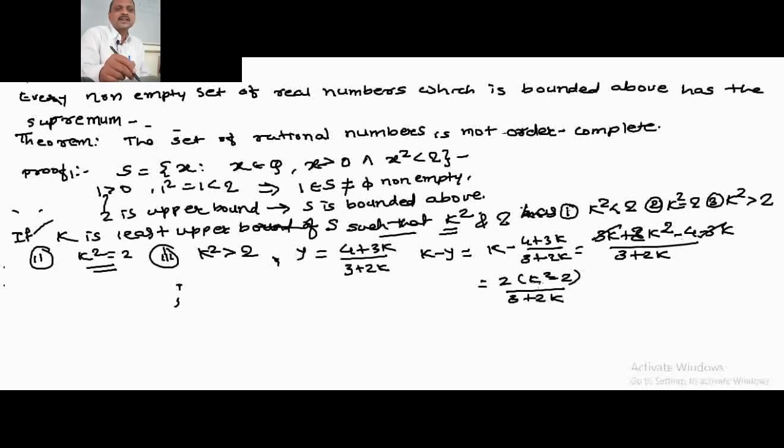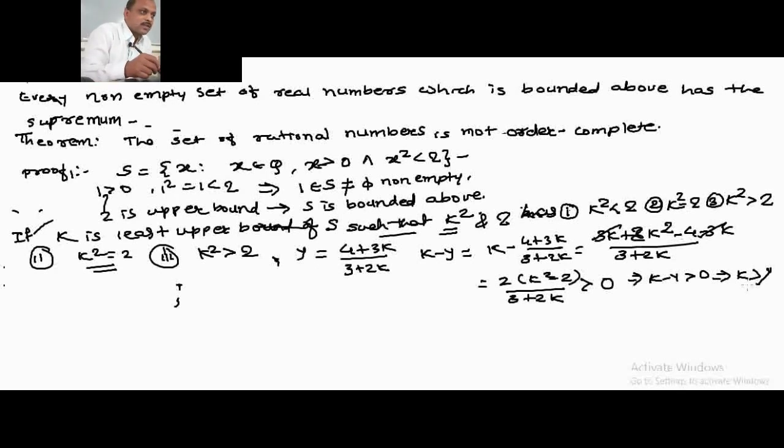K square is greater than 2 in this case. All these terms are positive, therefore it is greater than 0. This implies that k minus y is greater than 0, so k is greater than y.